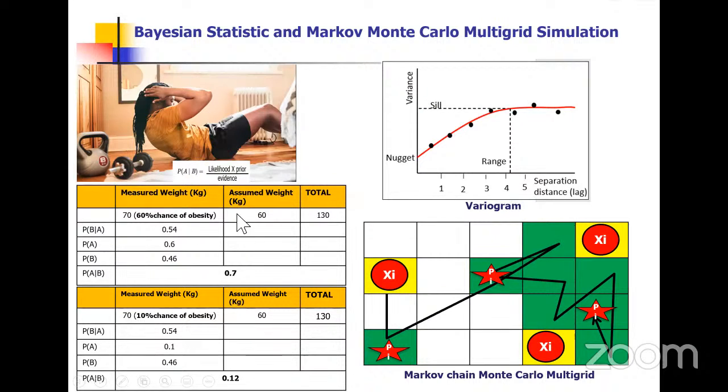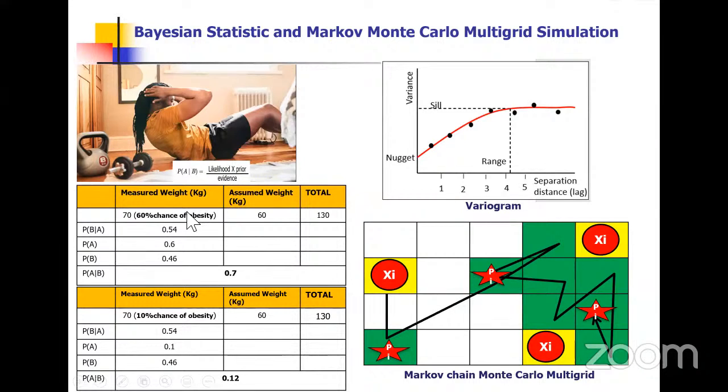Now we're going to find the probability of each of these. So probability of the person weighing 60, when we know that the original weight is 70, is 60 over 130. That will give us about 0.54. Then we look at what we call the prior knowledge or prior distribution.